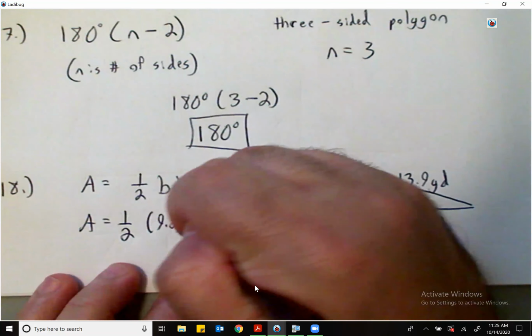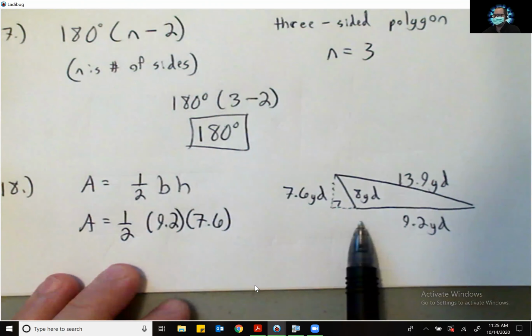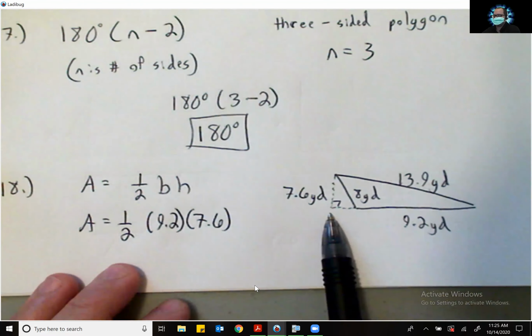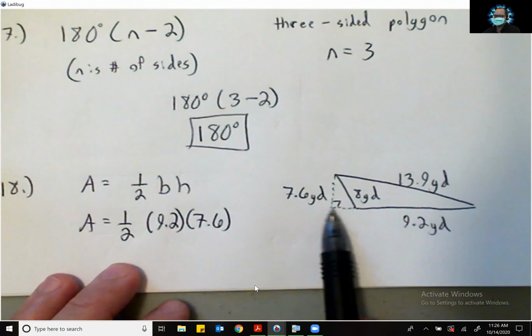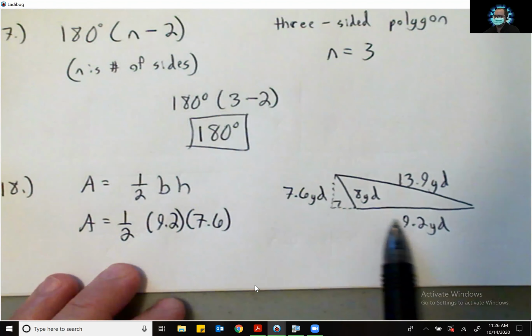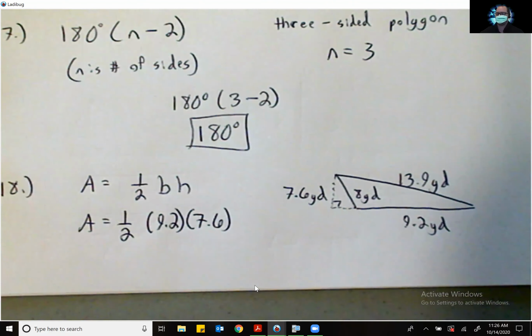Because remember, as I have talked with everybody, your base and height are always connected by a right angle. So this guy right there, there's my right angle. That means this is the height, this is the base. The 8 and the 13.9 are junk answers.